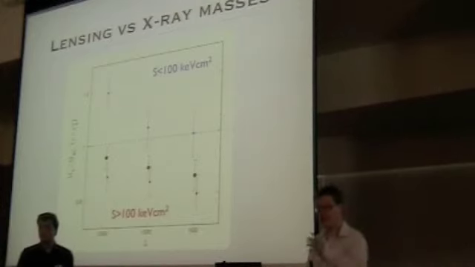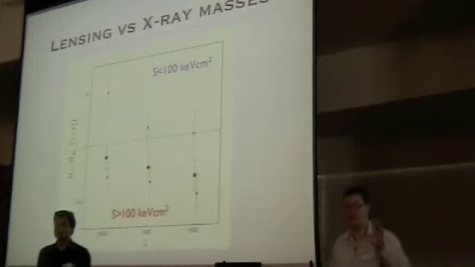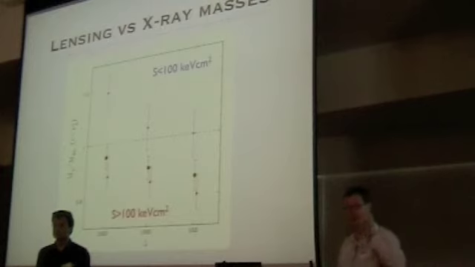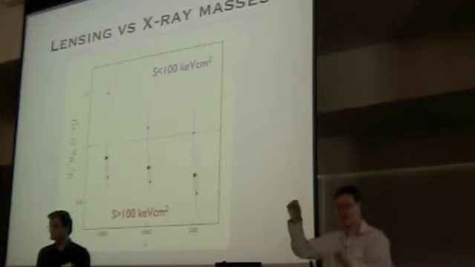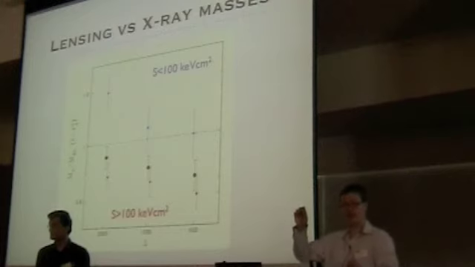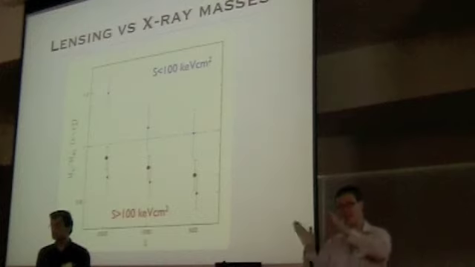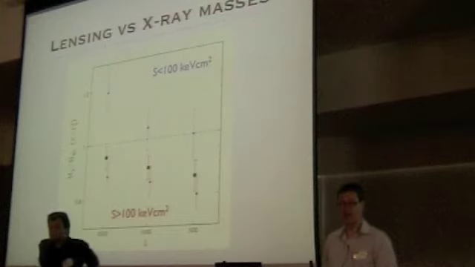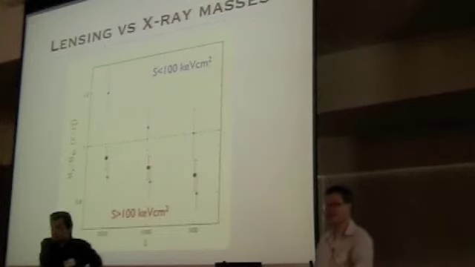Yeah, but you have all these different probes. I didn't show it, but if you make the X-ray mass versus gas mass, these clusters all line up. There's no intrinsic scatter, but if you then plot the lensing mass instead of X-ray mass, suddenly you see a shift. So somehow, for the low entropy systems, the gas masses or the luminosities are all overestimated, but the temperatures seem to be okay.